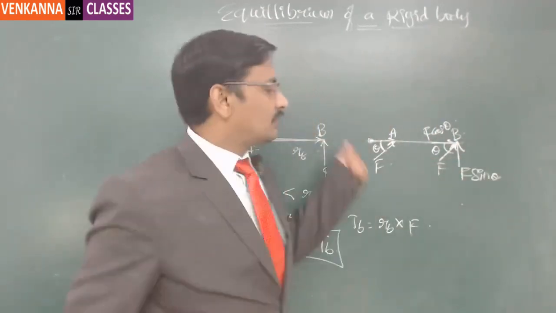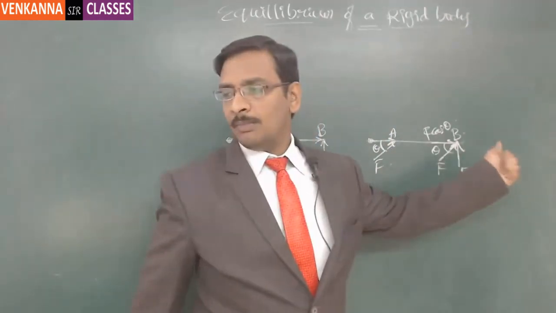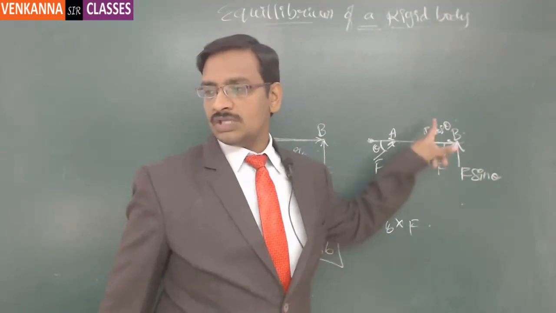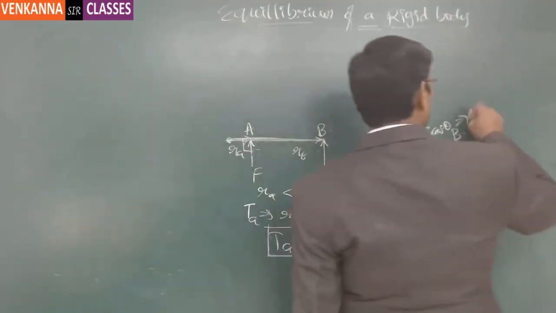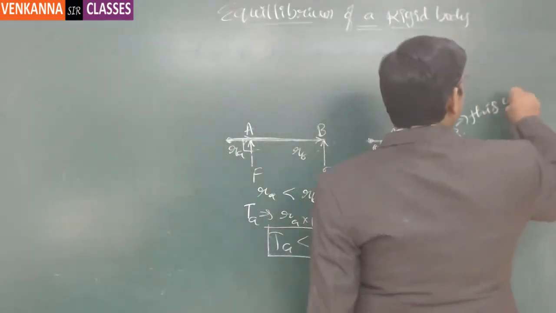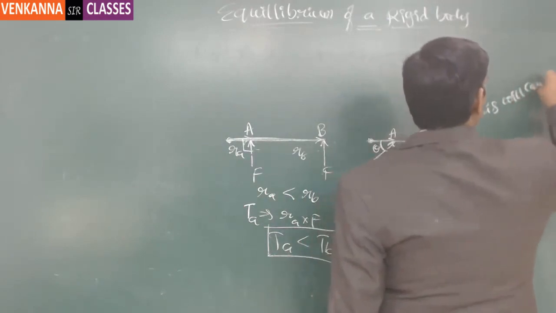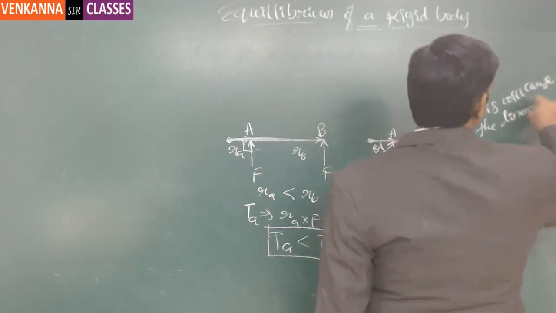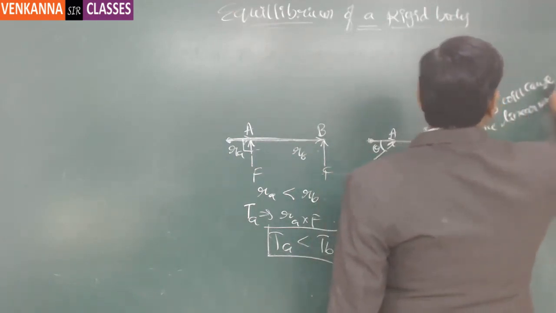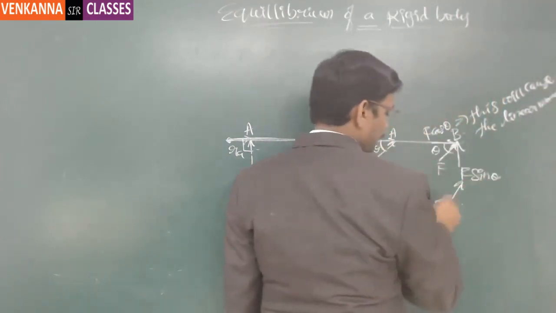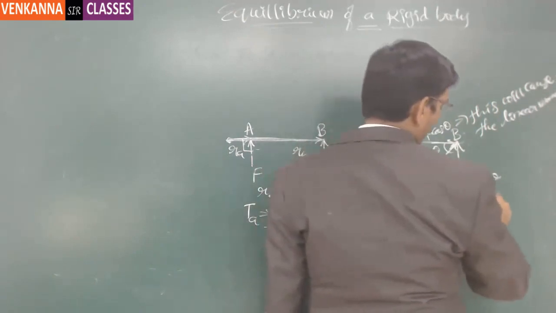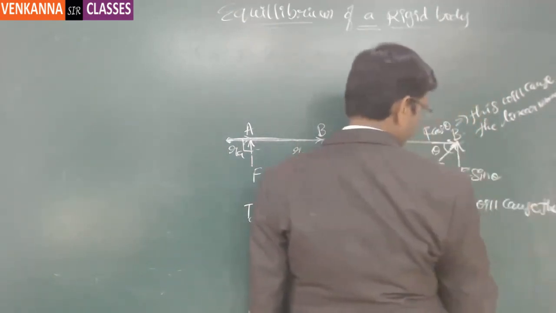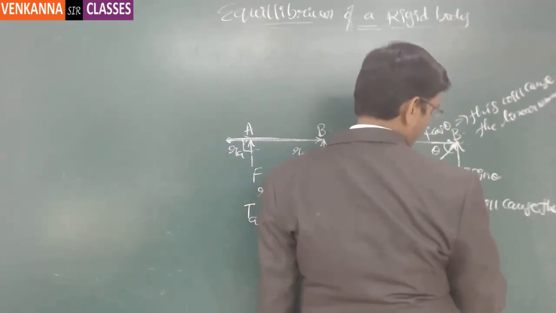Now F cos theta will try to drag it, but what we are interested in is the circular movement for this particular body. So this will cause the linear movement, and this will cause the circular or rotational movement.